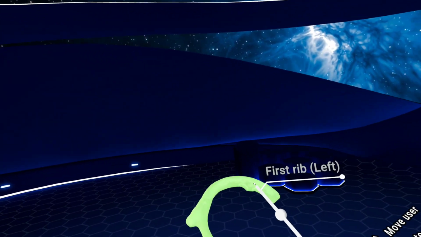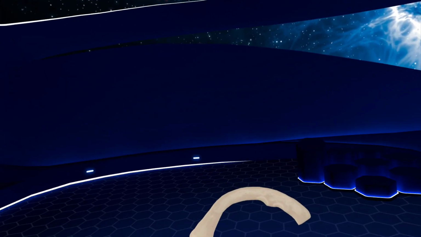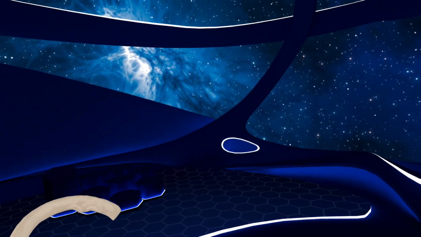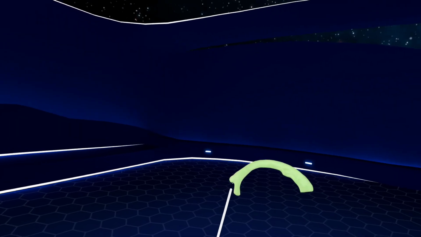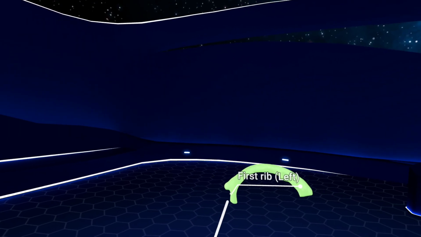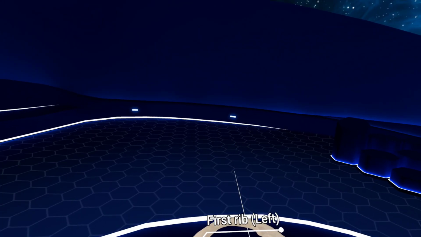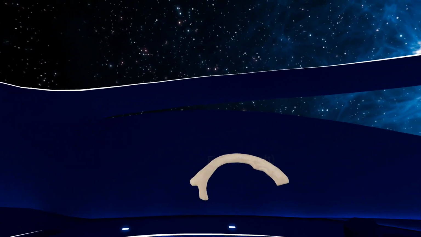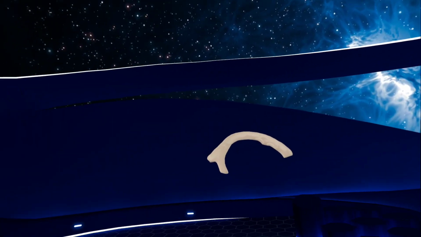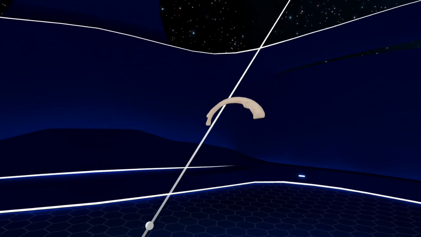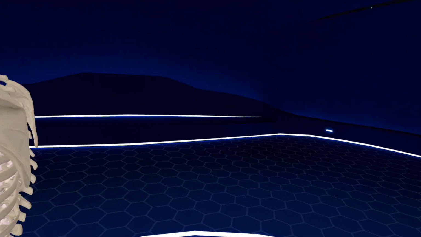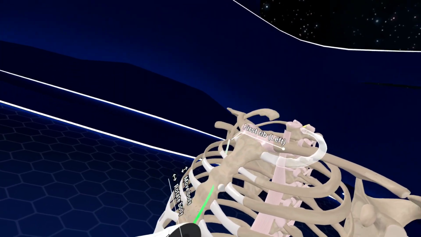Here we have two grooves for the subclavian artery and vein. The subclavian vein is more anterior than the subclavian artery, and they are separated by the scalene tuberosity for the attachment of the scalenus anterior muscle.